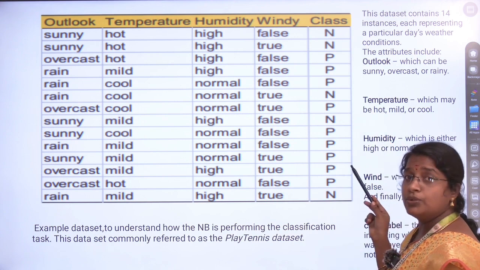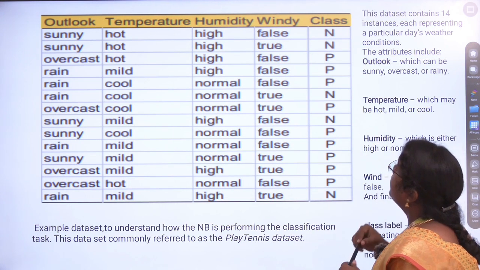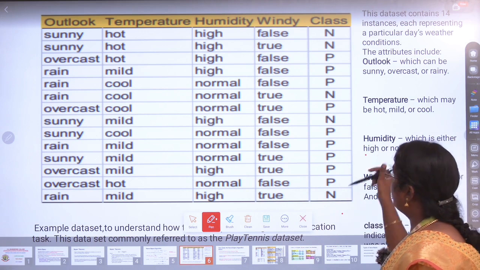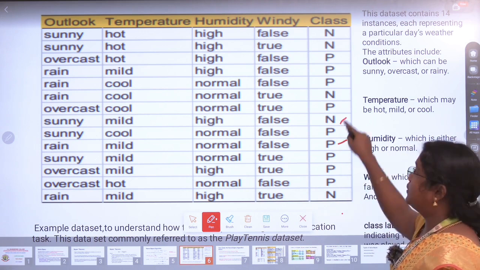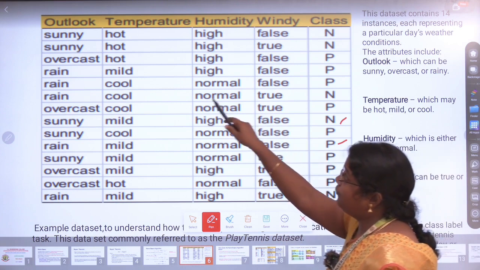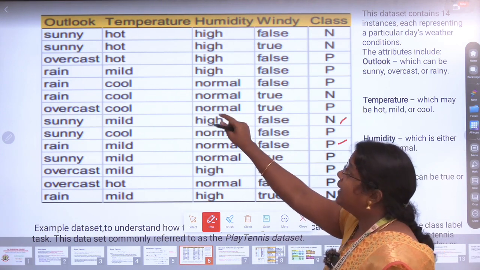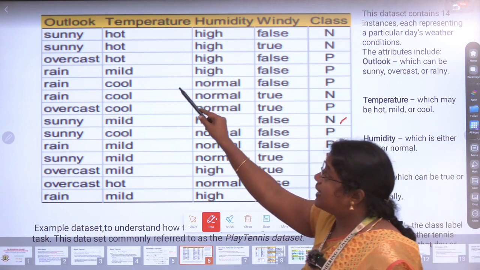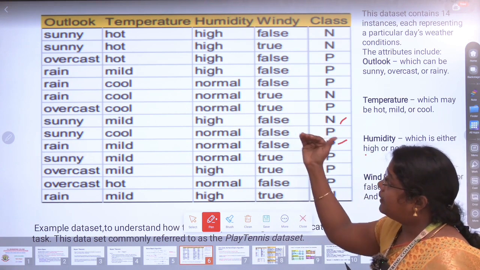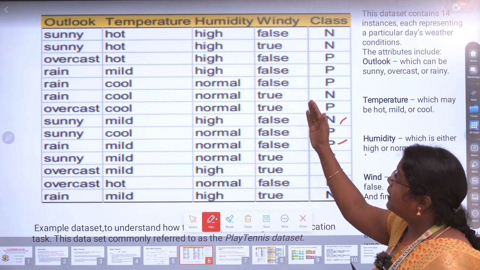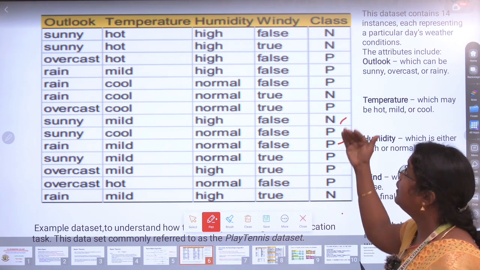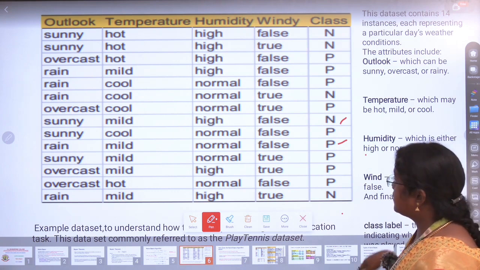It contains two subcategories, whether the player played on that particular day or not. If you go for the first input feature, outlook, it has three values: sunny, overcast, rainy. Likewise, temperature has hot, mild and cool. The humidity feature has two subcategories, high or normal. The windy feature has two categories, true or false. So this is the common data set.